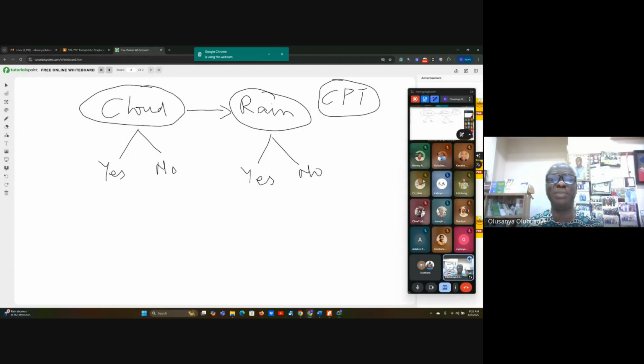So we could possibly have a table like this, so that we have rain here, which could be yes or no, and we have rain here, which could also be yes or no.